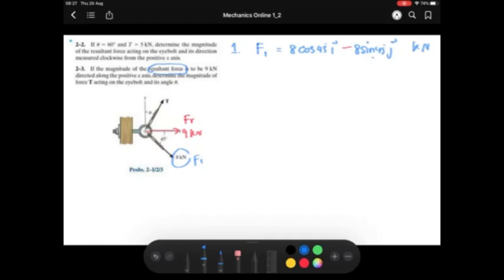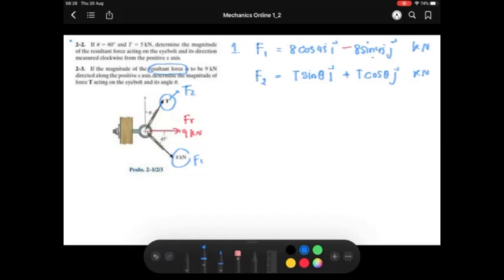And then F2 is equal to T sin theta i plus T cos theta j kilonewtons.